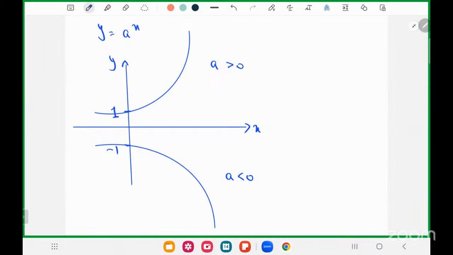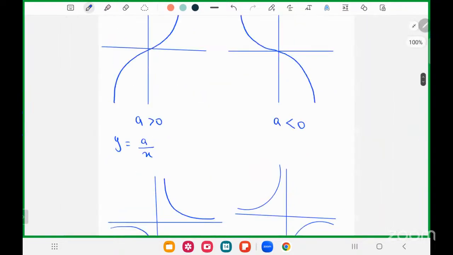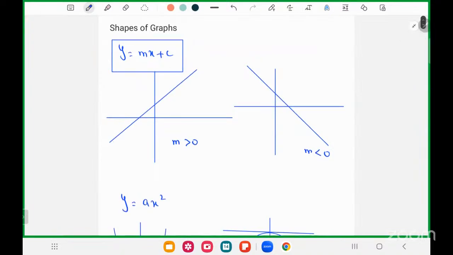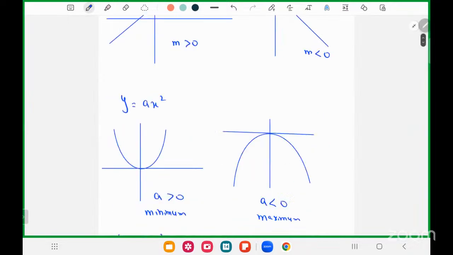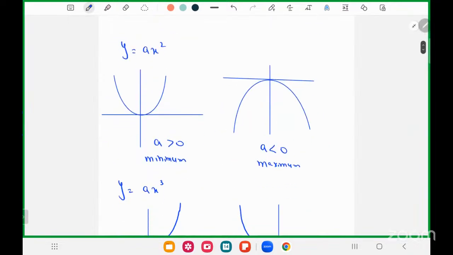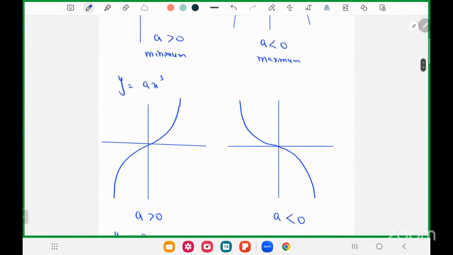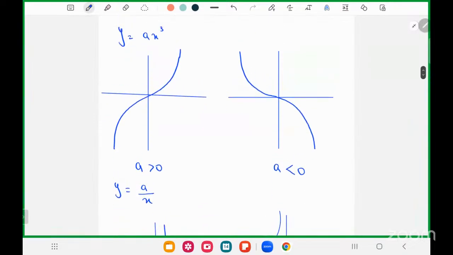These are some basic shapes that you should be aware of. You should know that the linear equation will result in a straight line. The quadratic equation will result in a curve. Cubic equation will also result in a curve that looks something like this.